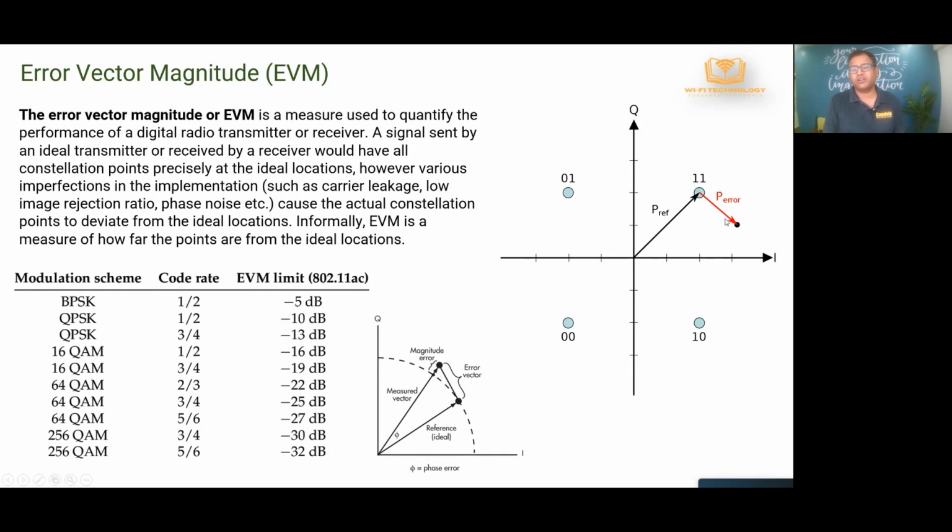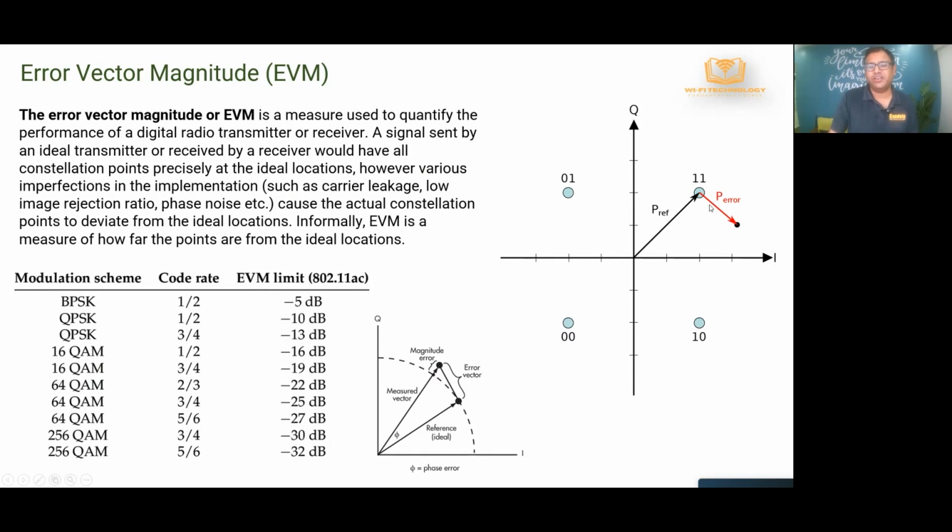But the received signal was received at this point because it is distorted in phase and amplitude. The amplitude changed because of noise, and the phase changed because of noise. So both changed, and because of that, the received signal point is here when it should have been here on this IQ axis. The distance between what is received and what should have been received is called the error vector magnitude, or the amount of error you have on the receiver side.